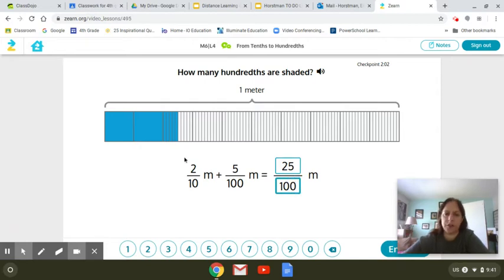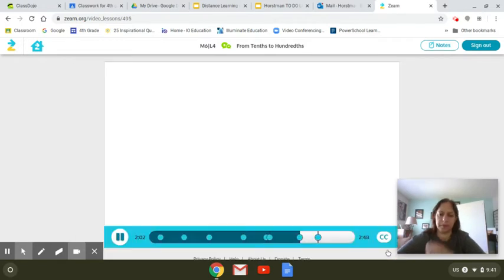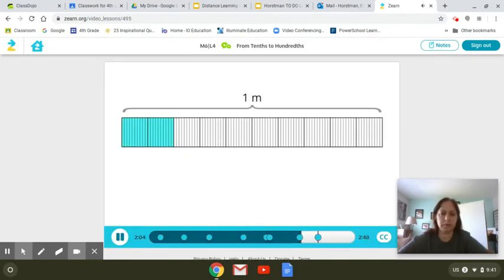I changed my 2/10 into hundredths. I shaded 5 hundredths more like this. This is 2/10 meter plus 5 hundredths meter. That's 25 hundredths meter altogether.